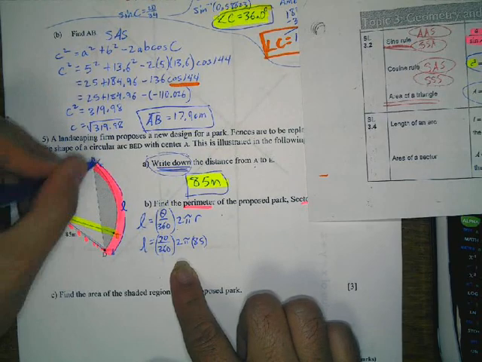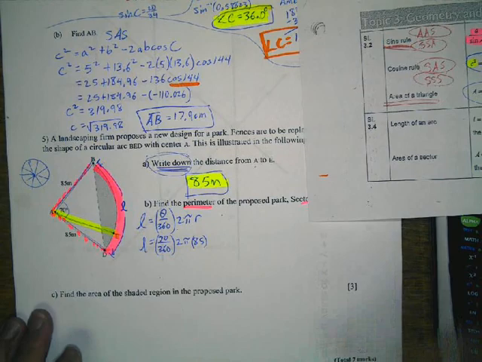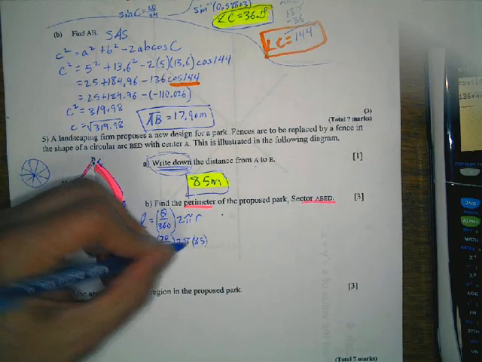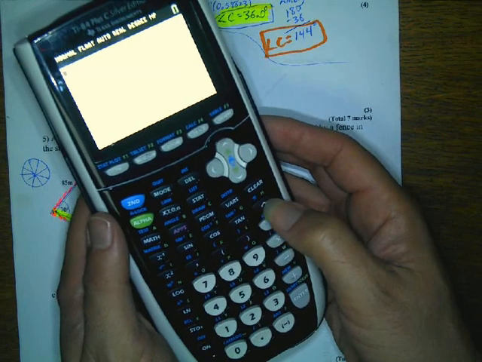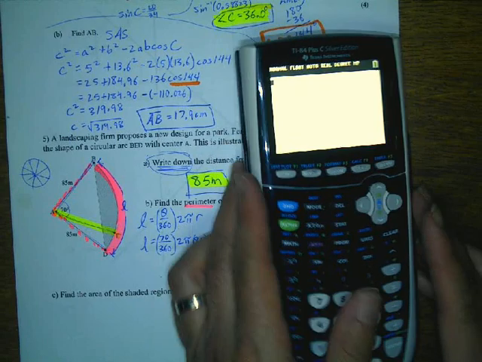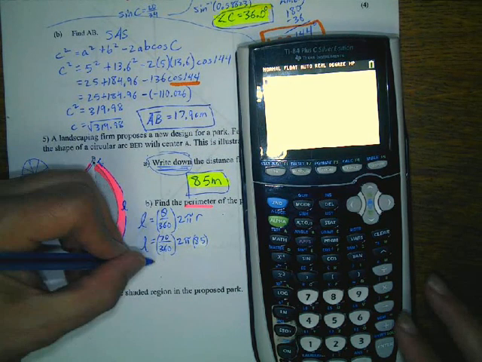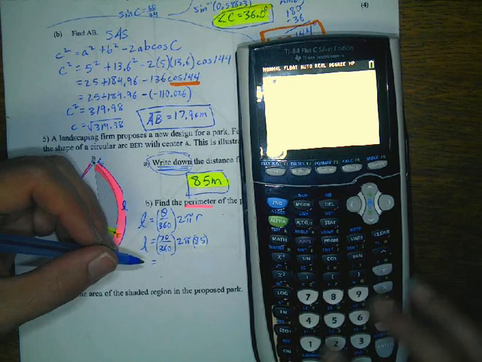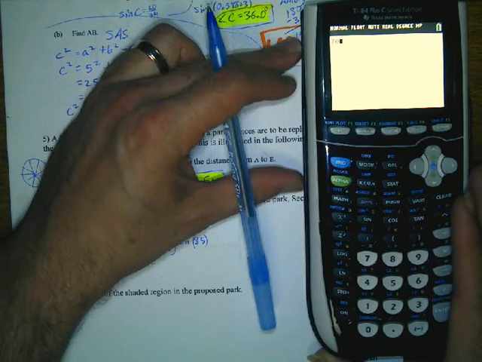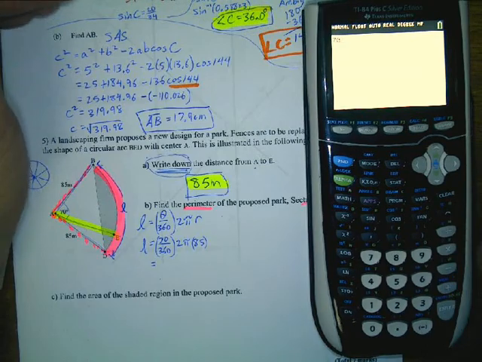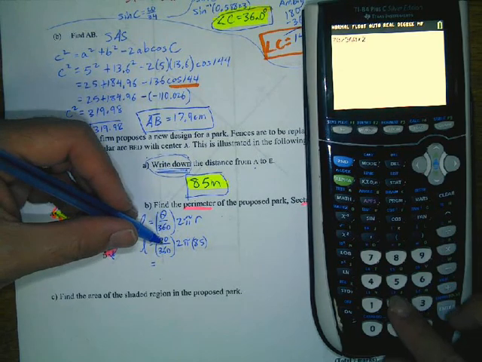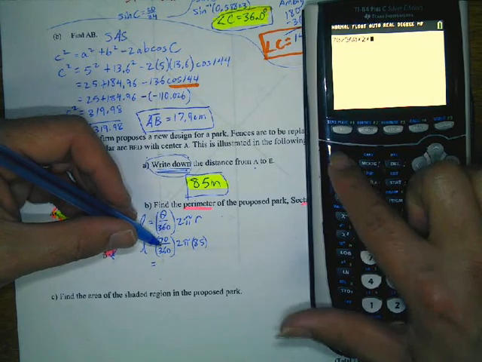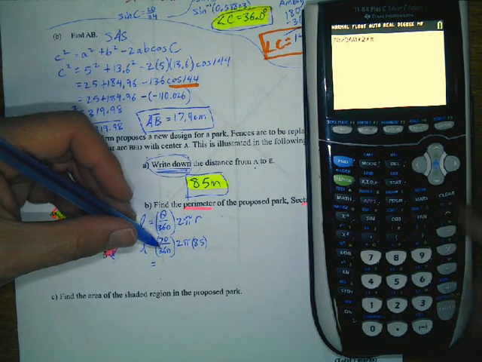Okay, that's that length from there to there. Okay. So there were some people that were unfamiliar with pi. The pi button's right here, just underneath the clear button. So it's about 3.14. So let's type this into our calculator. 70 divided by 360 times 2 times pi.